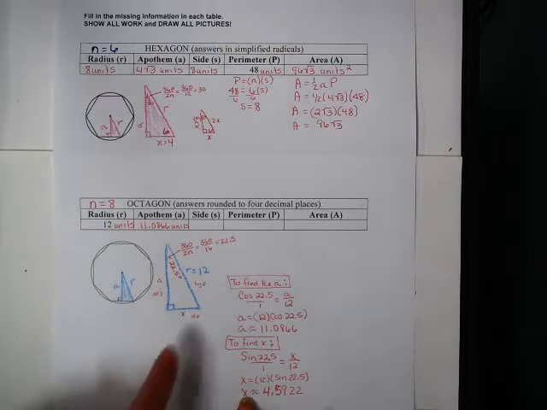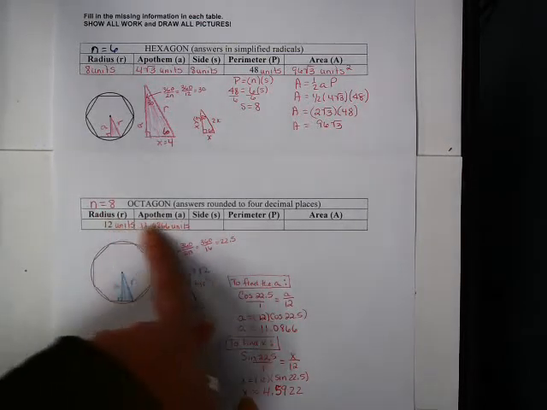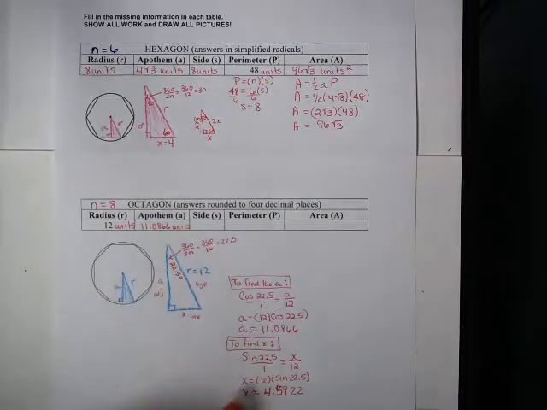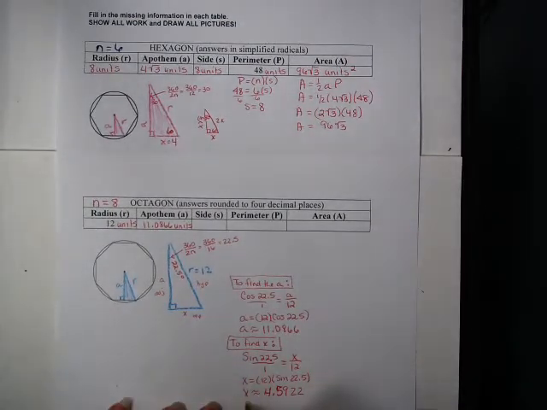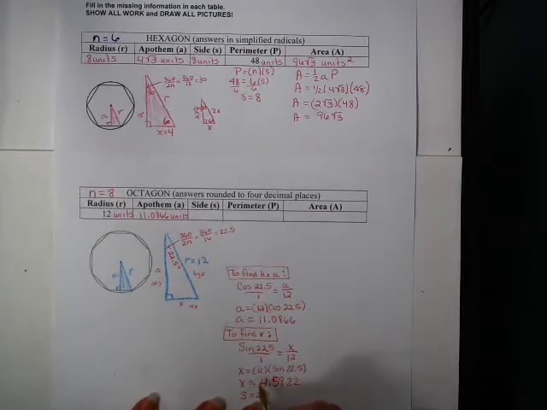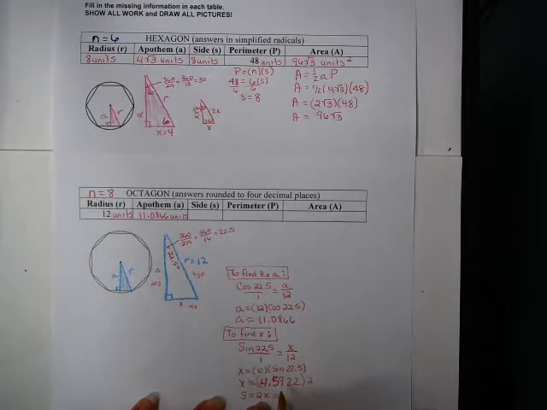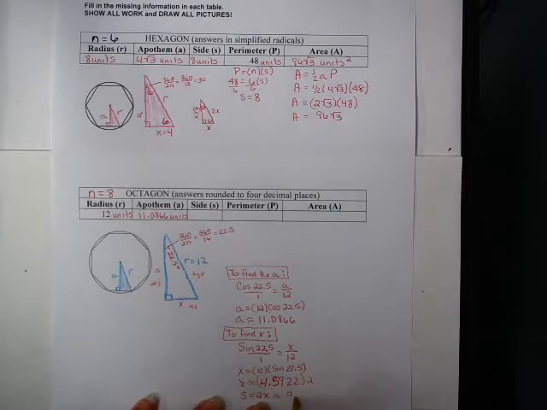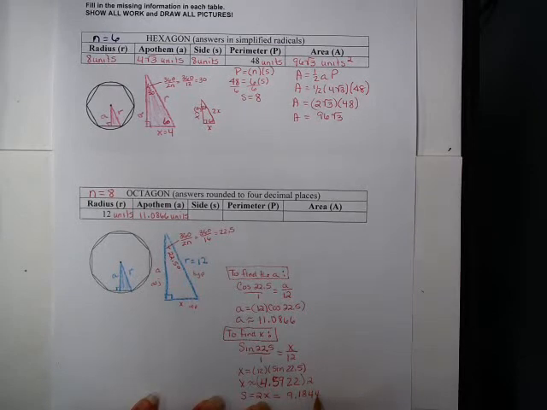Now remember folks, that's just x, but that's not in my chart. What I want is the side, and to find the side I have to double this. So my side is equal to 2x, so that means I have to take this number right here and multiply it by 2. So that's going to equal 9.1844.